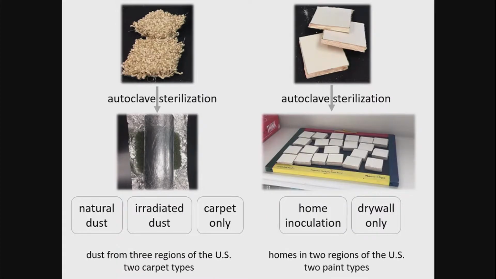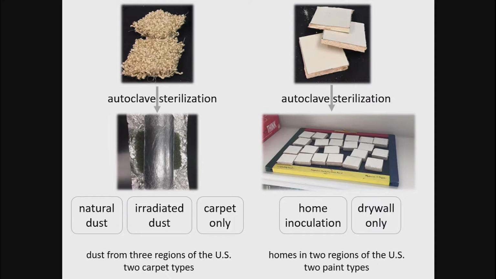We have two sample types that we're working with, carpets and drywalls. And we autoclave sterilize them, so we subject them to a high-pressure oven to try to eliminate any sort of background microbes that may be there. And then we subject them to treatment. In carpets, we embed them with natural household dust. We also embed it with dust that's been irradiated to maintain the dust matrix but eliminate the microbes.